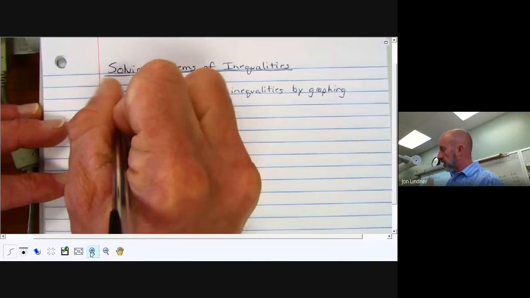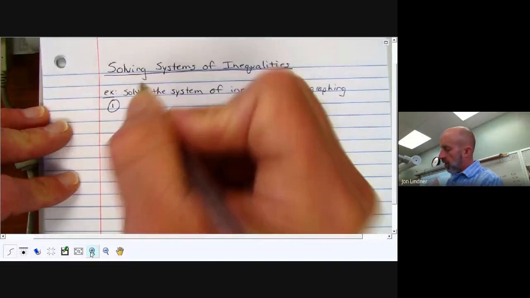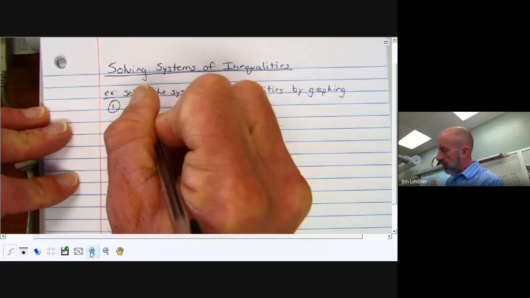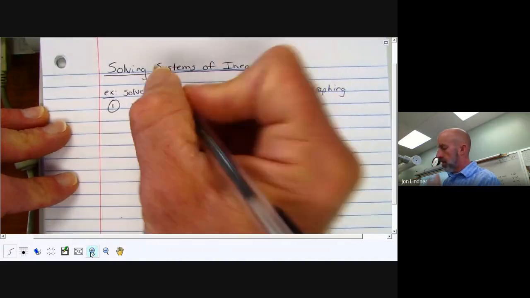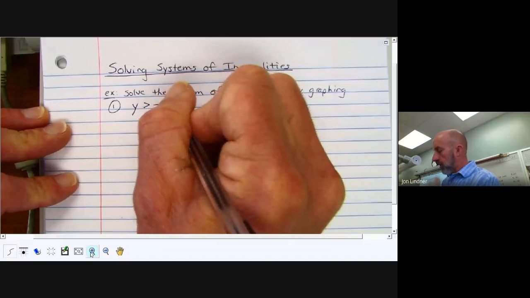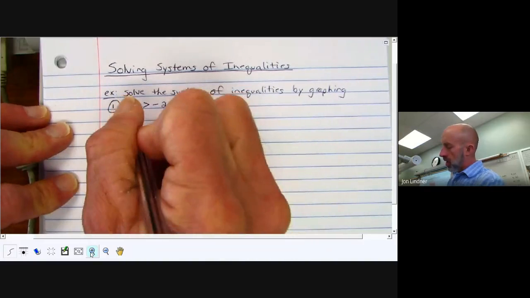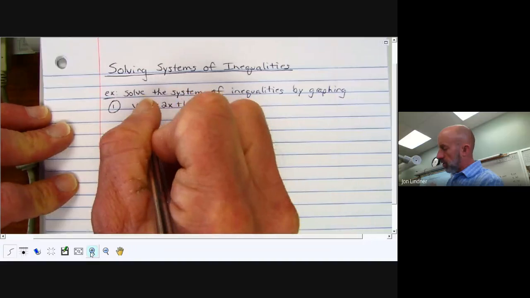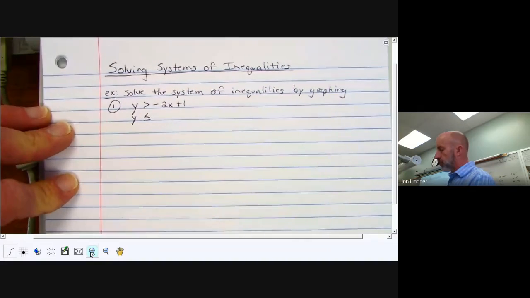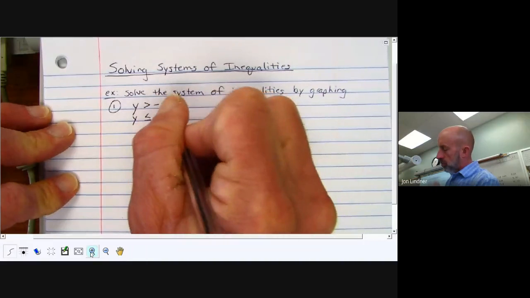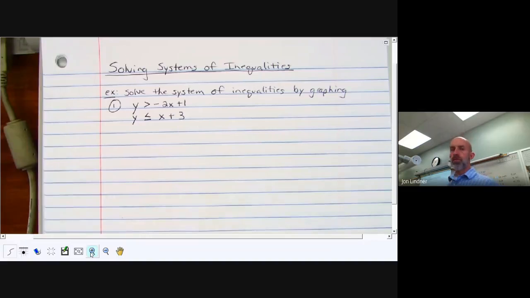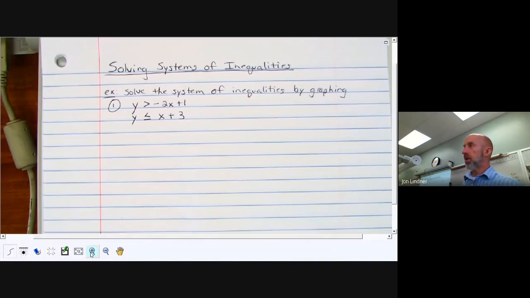And let me give you the system. Let's say that we have y is greater than negative 2x plus 1, and y is less than or equal to x plus 3. Now, if you remember what a system is, we did systems of equations.